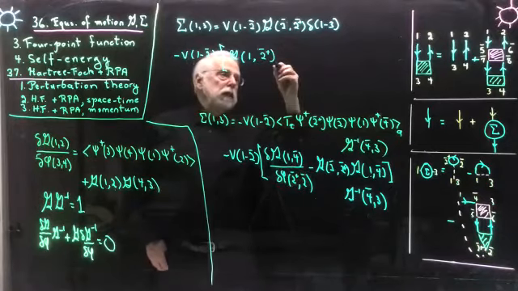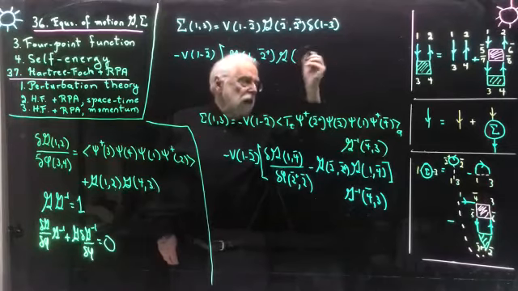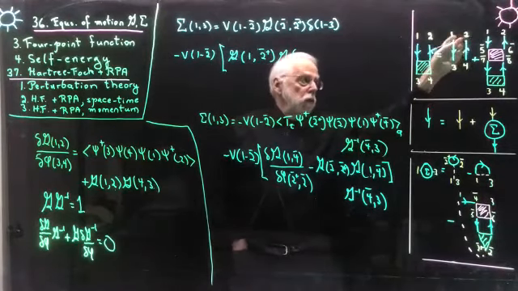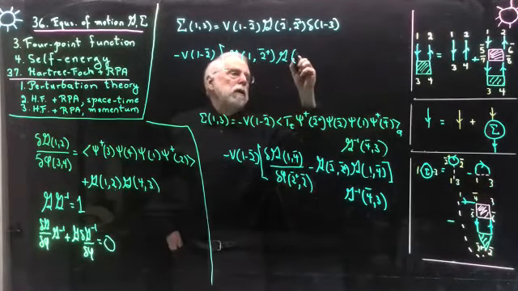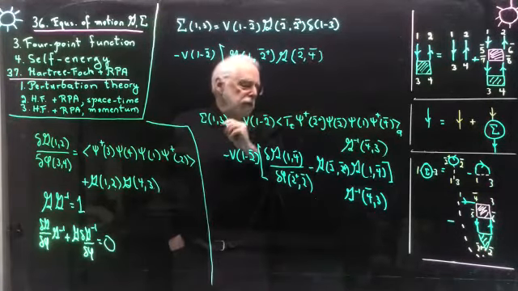And G of 4 2, so this is 2 bar 4 bar. That's the first term.